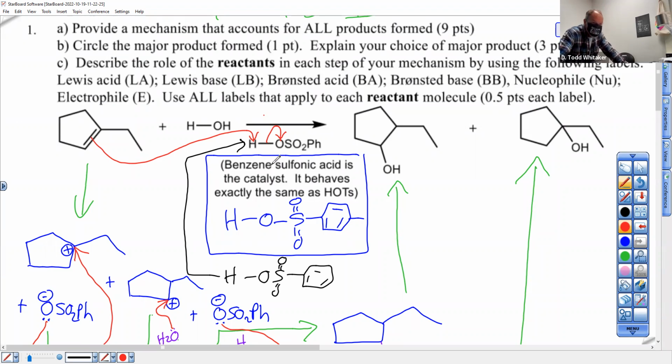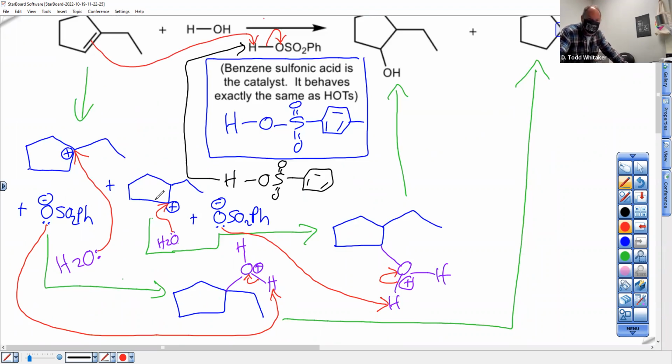The rate determining step was forming carbocations, dead slow. You need to tell me which of those two cation formations was just a little quicker. They're both slow. Which one's just a little faster? It's this one. This carbocation forms faster.